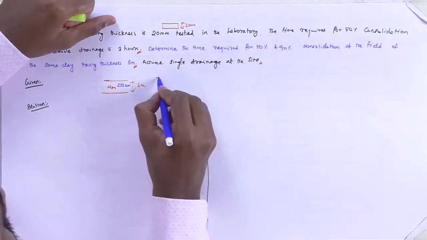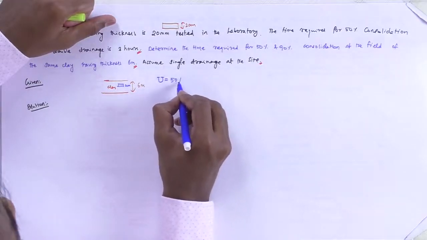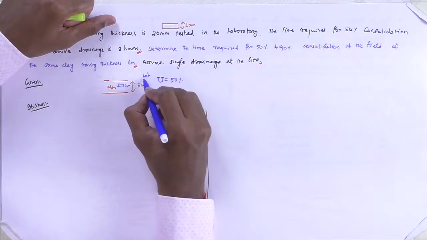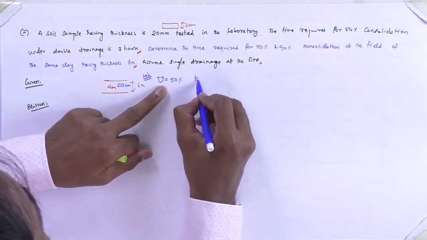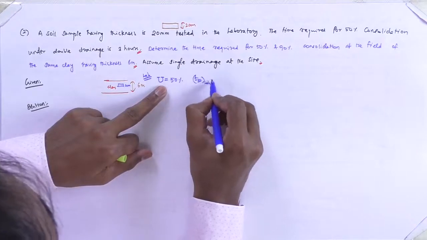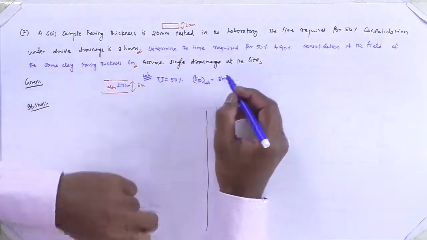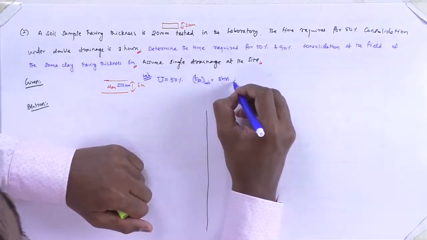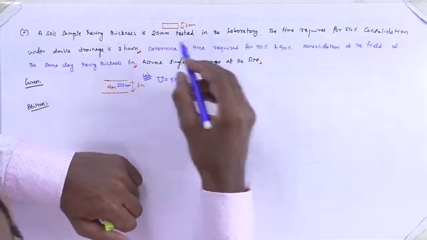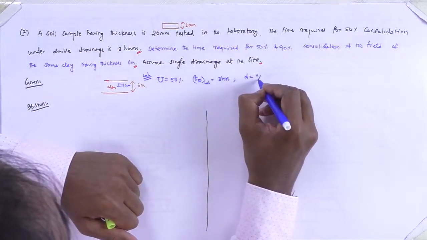So U, capital U, represents degree of consolidation. At lab, 50% of consolidation occurred, T50 at laboratory is 3 hours. Now the effective drainage path d equals H by 2, which is 10 mm.